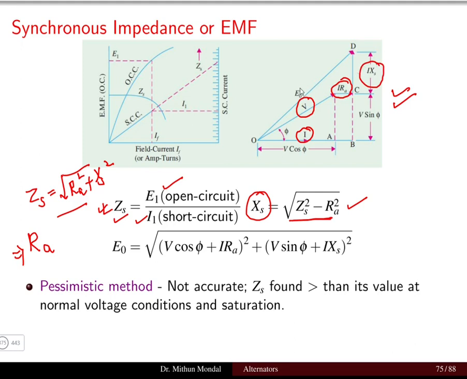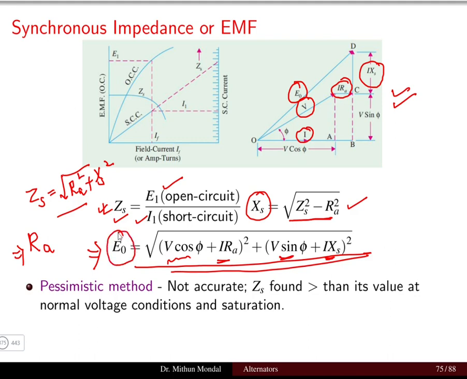The no load voltage E0 can be calculated from the formula obtained from the phasor diagram. The no load voltage is the square root of (V cos phi plus IRA) squared plus (V sin phi plus IXS) squared. Once we have calculated the value of E0, we can find the voltage regulation using the formula (E0 minus V) by V into 100. This will give us the voltage regulation.